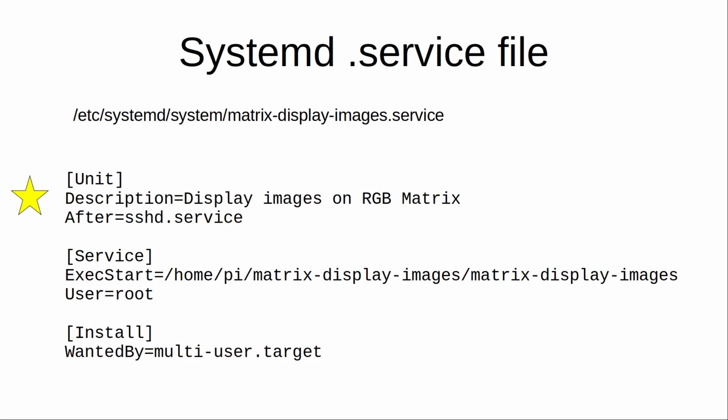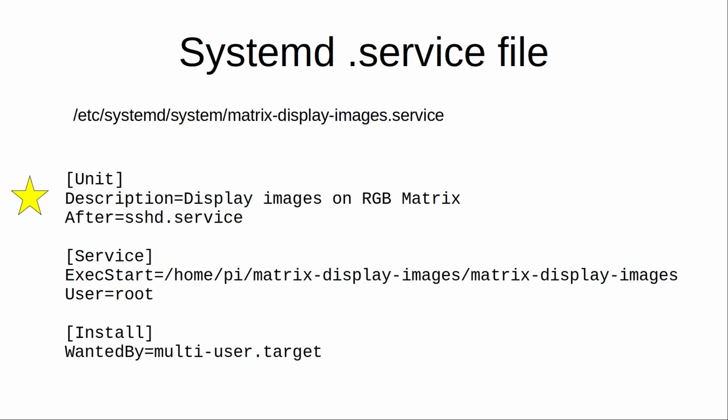The next line is After equals sshd.service. So the after instruction says to start this after a particular service is started. In this case, I put it so that it starts after the SSHD, the SSH service starts. For this particular service, it doesn't really need the SSHD service to be running first, but I didn't want this to delay the network setup due to the resources it's going to consume.